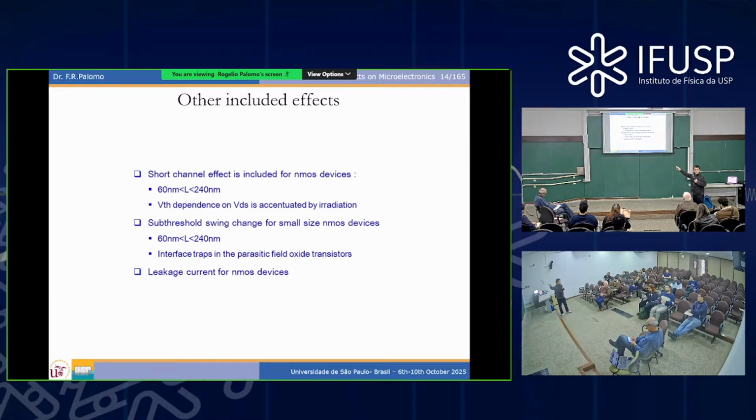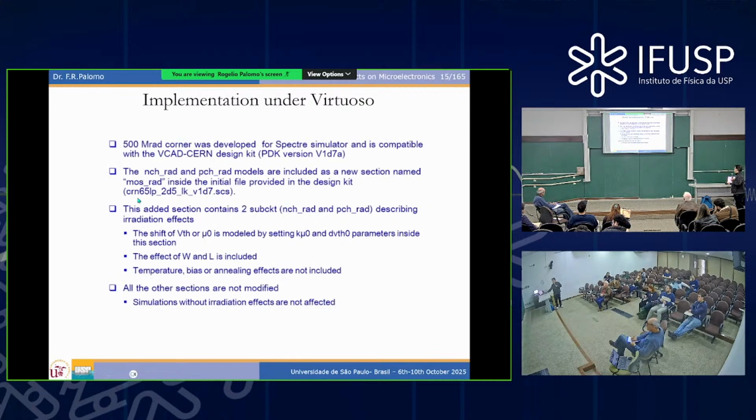Also, the interface traps are considered in the conductivity model of the PMOS and the NMOS, the IV curves of those devices, and also a leakage current for NMOS devices. So basically that was included in the library, implemented in Virtuoso. The first version was up to 500 megarad. The second one was up to 1 gigarad.